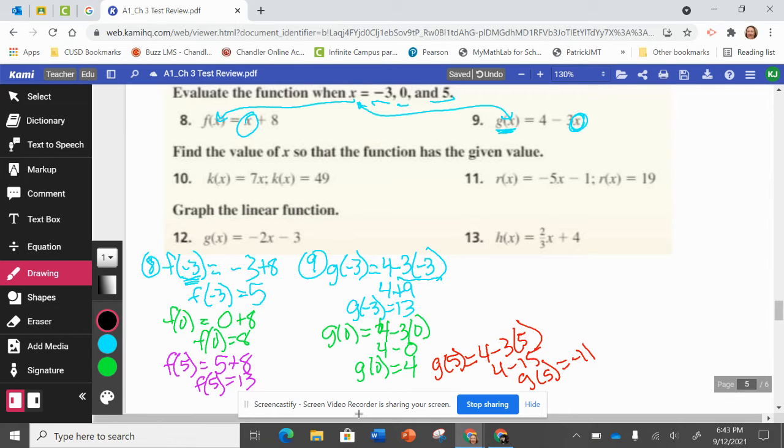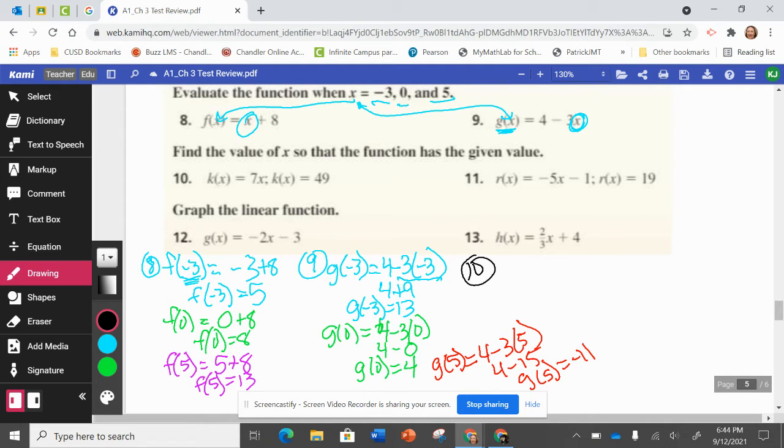For 10 and 11, they're giving us the answers. So like we got 5, 8, 13. They're giving us these values, and they want us to find what value it is that we put into the parentheses to change x.